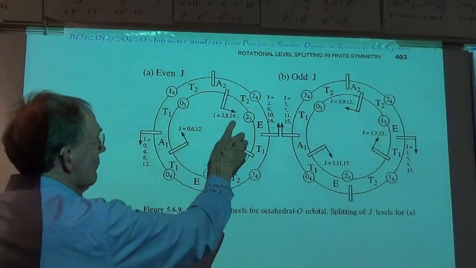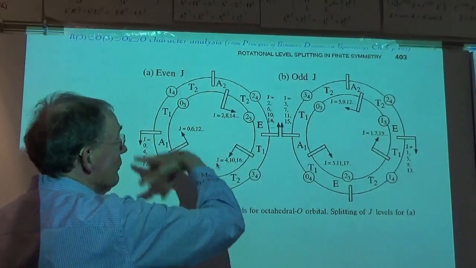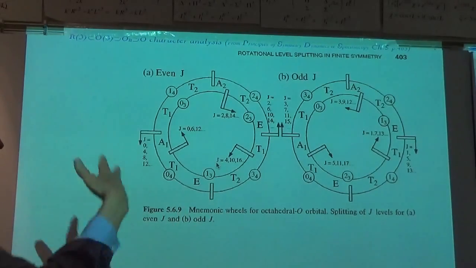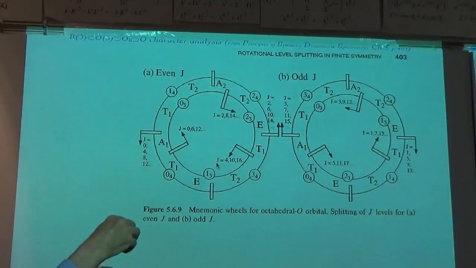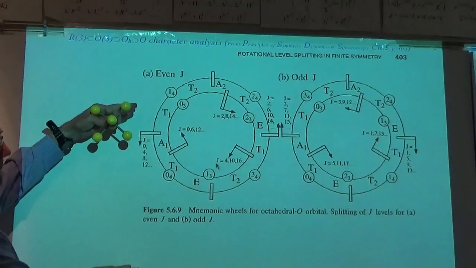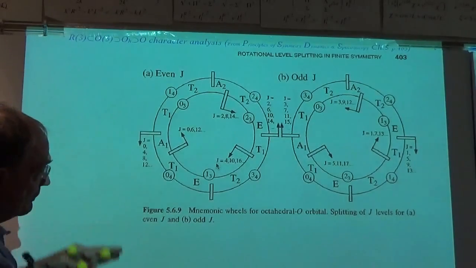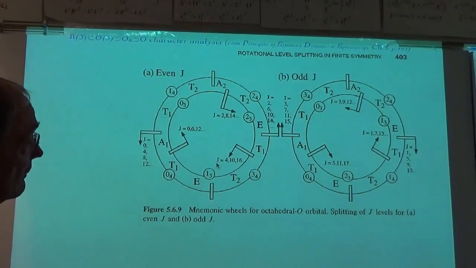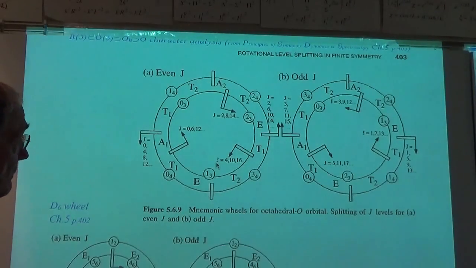As I run up my J, that's the code, the genetic code of the stuff that's coming out between angular momentum 0 and 12, and then it's going to do it again from 13 to 24, and so forth. Okay? So this is what we're going to be faced with, and it's analogous to what's going on in D2, D3, D4, D5, D6.